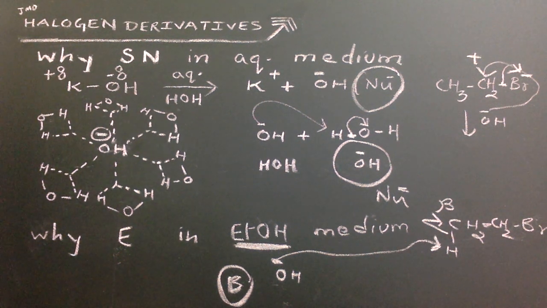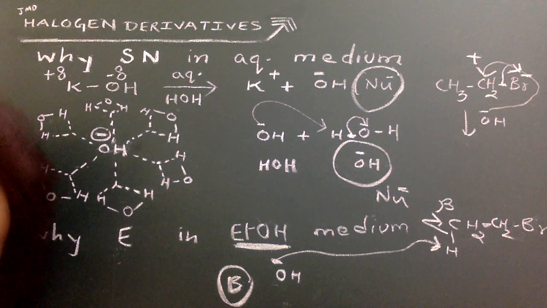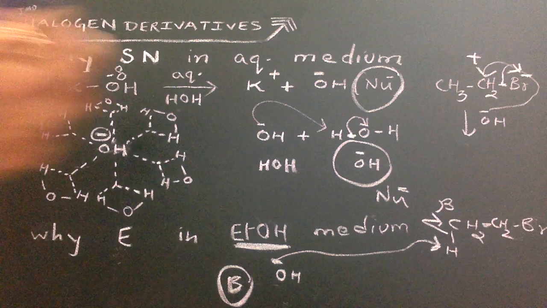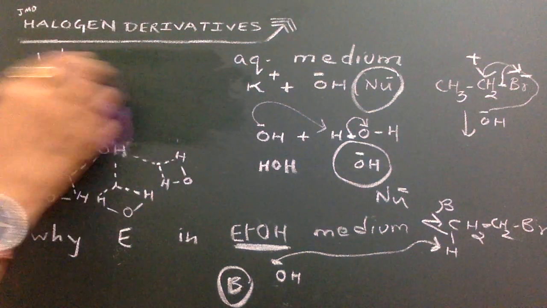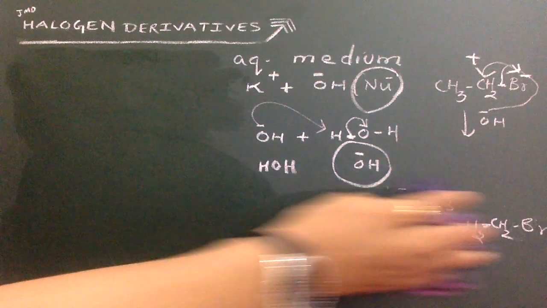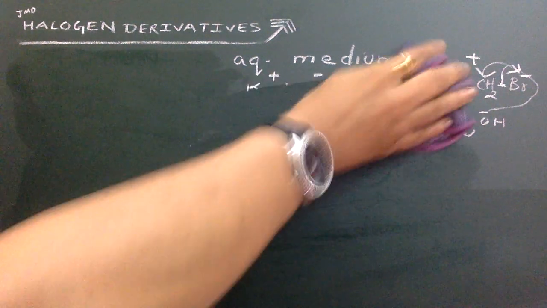Okay students, now so far it is very clear to you why in aqueous medium it is nucleophilic substitution, but in ethanolic, alcoholic medium, it is an elimination reaction. Now we proceed further. We see in detail what nucleophilic substitution is and how it takes place.